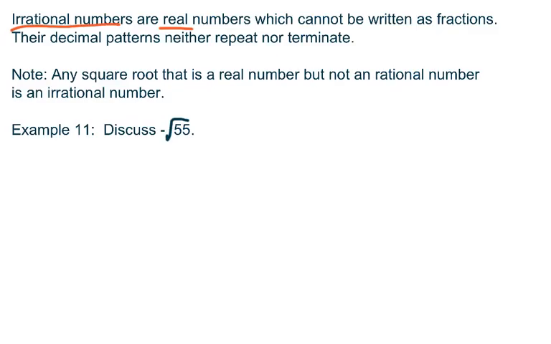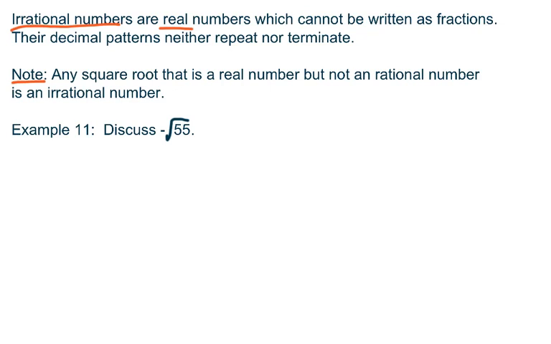Here's the deal. Any square root that is a real number but not a rational number is an irrational number. So some square roots come out very nicely, like the principal square root of 9 is 3. Others don't come out quite so nicely, but if they are real numbers and they're not rational numbers, they're going to be irrational numbers.